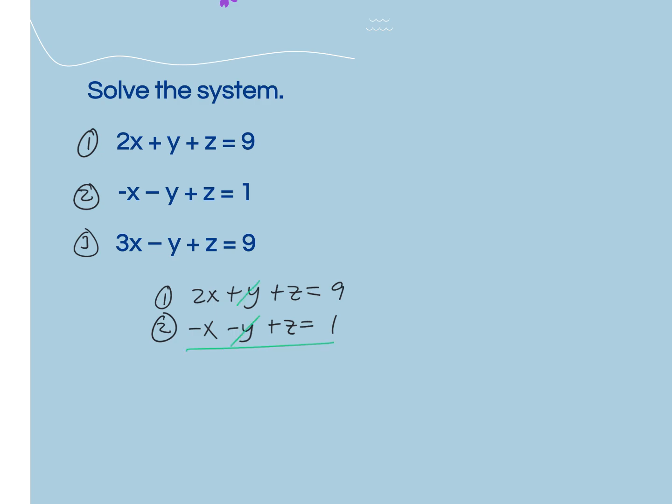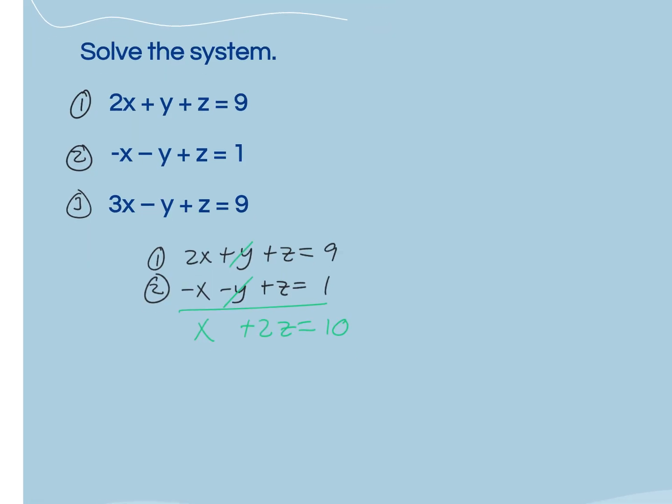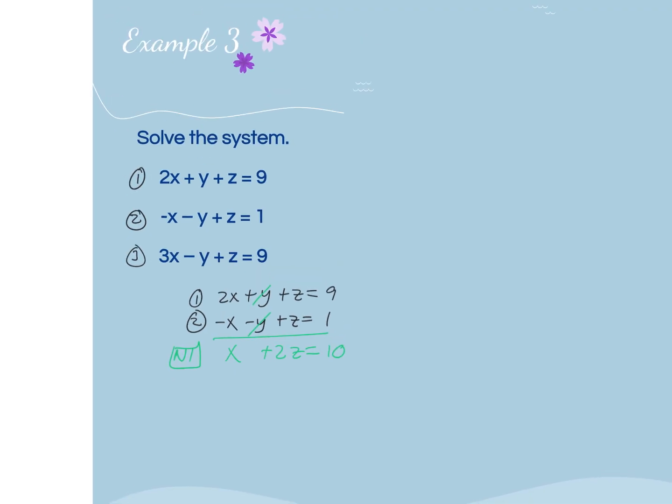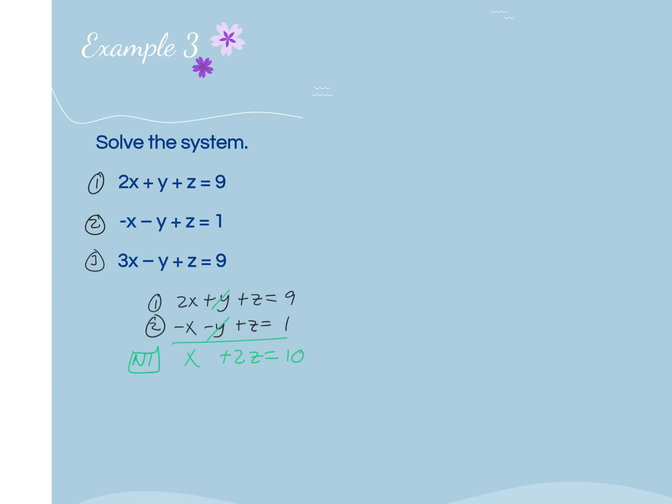Cancel out the y's. 2x minus x is x. z plus z is 2z. 9 plus 1 is 10. So this is going to be new equation 1. I'll call it n1. I'm going to use 1 and 3 now to cancel out a y.